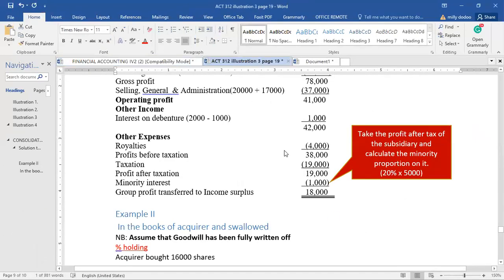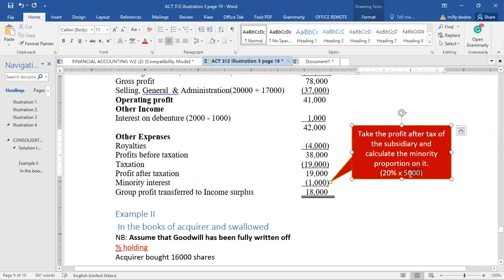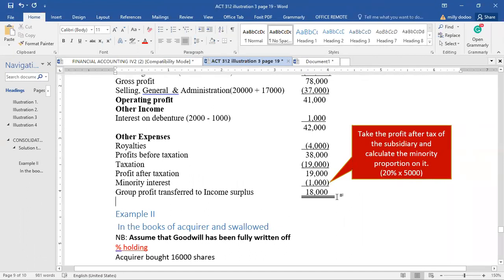And so therefore, if I want to know the minority proportion in this 200% over here, I will go and strike 20% on that profit. And that profit is the 5,000 you are seeing here. So I'll strike 20% on that profit, which will give me 1,000. And so therefore, if I subtract this 1,000 from the 19,000, I will be getting 18,000 Ghana cedis, which is equivalent to H's proportion in the group.